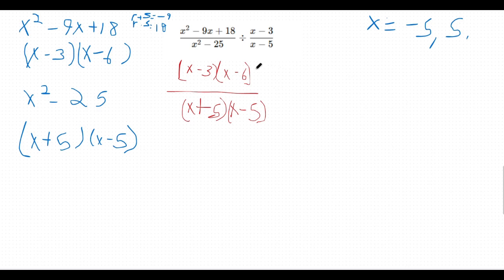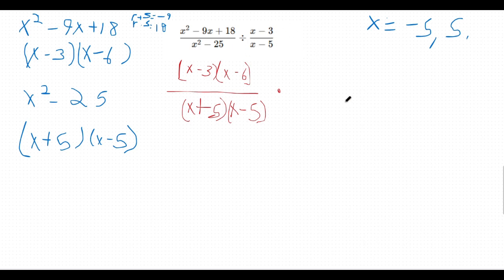Okay. So now let's deal with this division here. As I said earlier, division with fractions is the same as multiplying by the reciprocal. When I say the reciprocal, x minus 5 and x minus 3 are going to switch places.